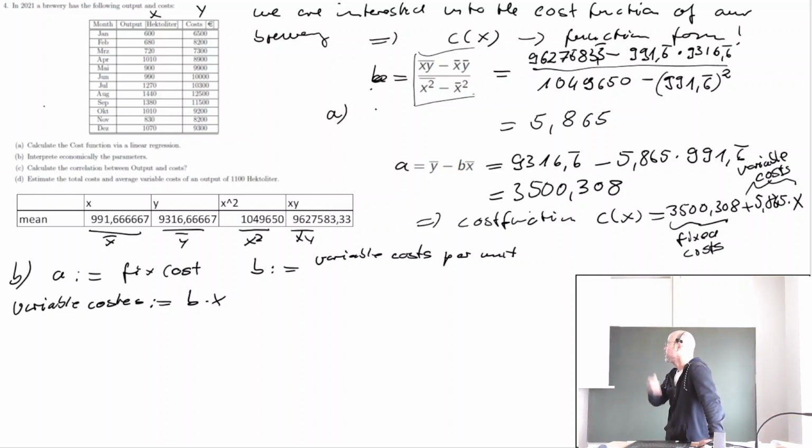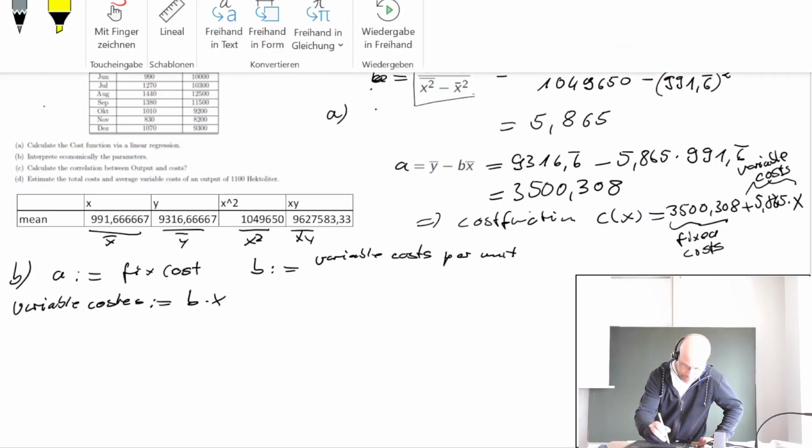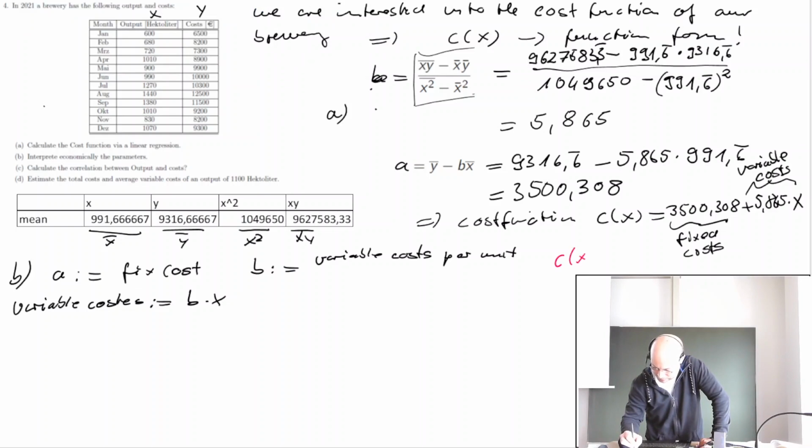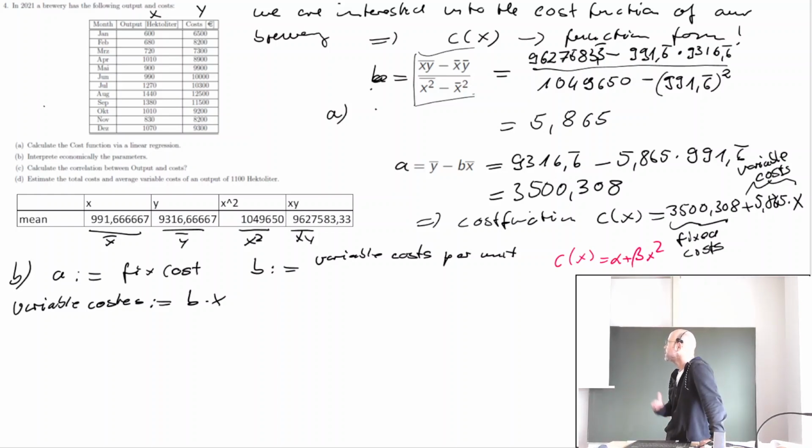And this is actually only true because we have here a linear dependence. Because in general, we assume that we have increasing variable costs. So let's say we take another cost function, maybe alpha plus beta x squared. Then we could not interpret this as cost per unit.